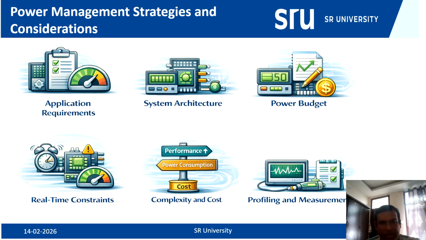Next, system architecture plays a major role. The choice of the processor, memory types, peripherals, and interconnects directly affects which power management options are available. Some processors support advanced features such as multiple sleep states, dynamic voltage and frequency scaling, or power gating, while others do not.